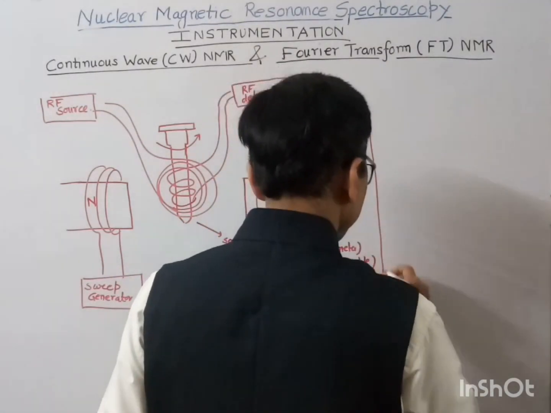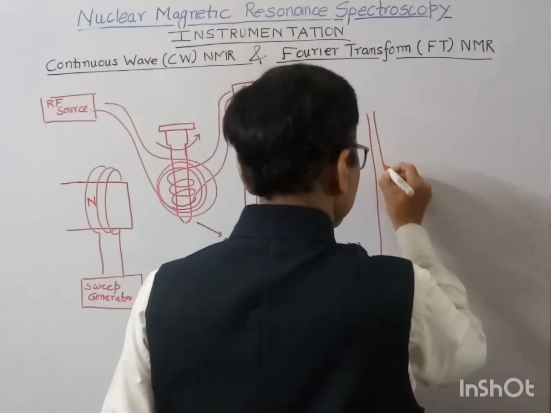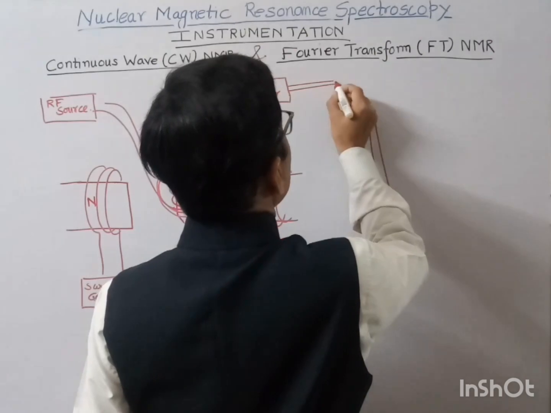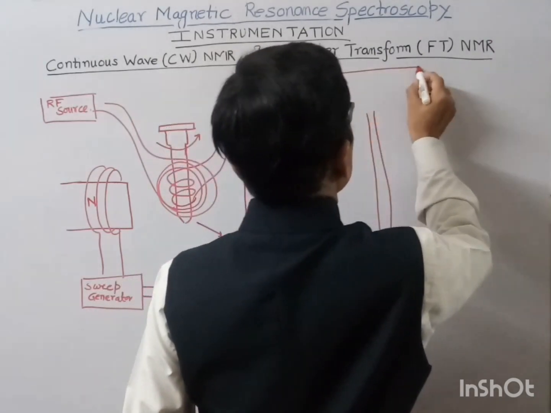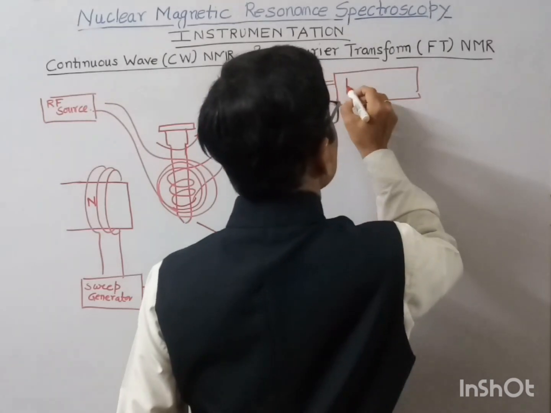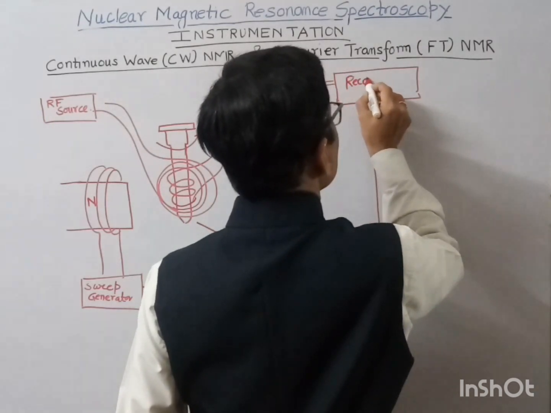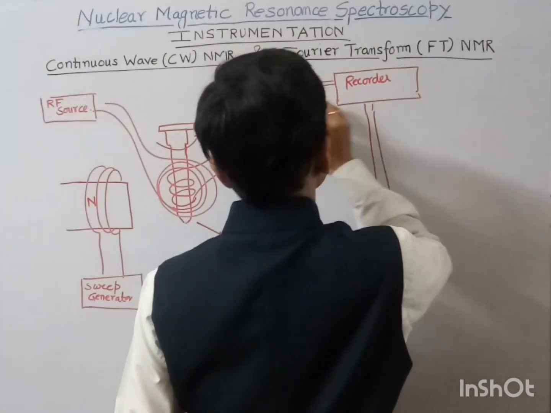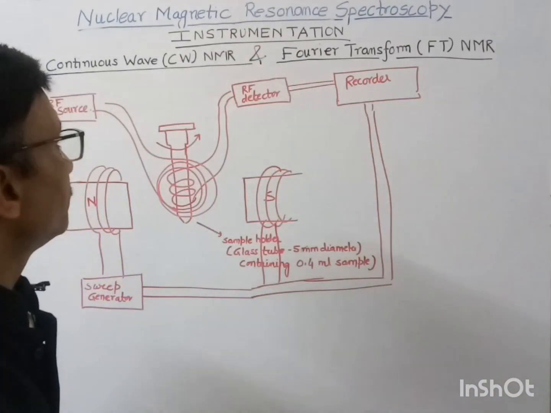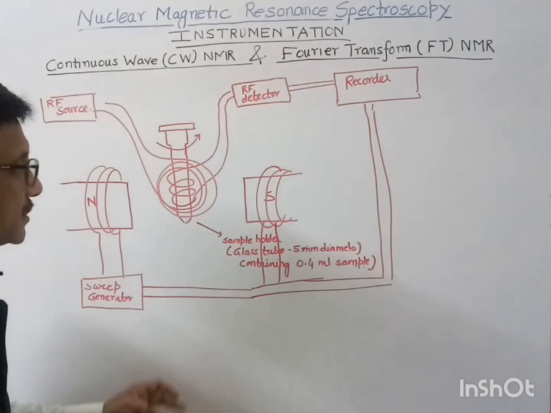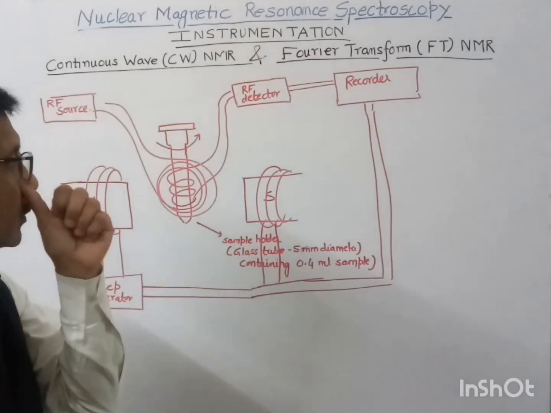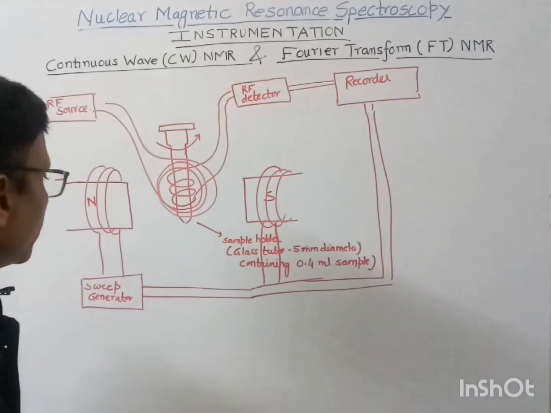And finally, we have a recorder over here. In between the detector and recorder, we may also have an amplifier. So this is a simple flow diagram for the NMR spectrophotometer.